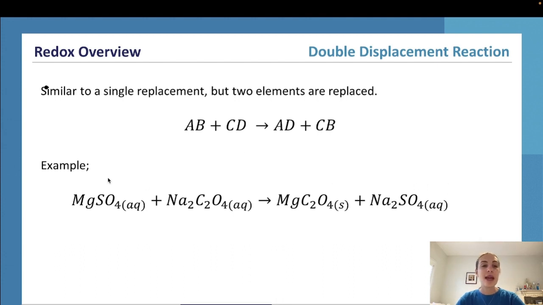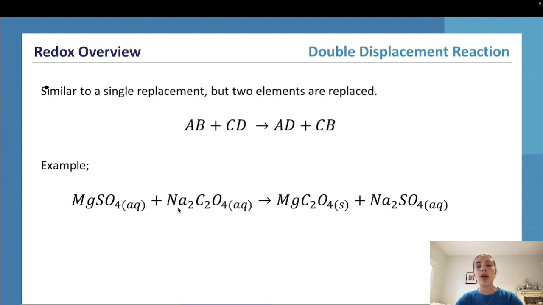And so it appears that we don't actually have a redox reaction occurring within this reaction. However, if we break it down and look in the data booklet, we've got these charges which happen for the ions. Although each individual element on its own is not changing its oxidation number, there are actual redox changes in the sulfate ion and the bicarbonate ion, but not within the individual atoms themselves.